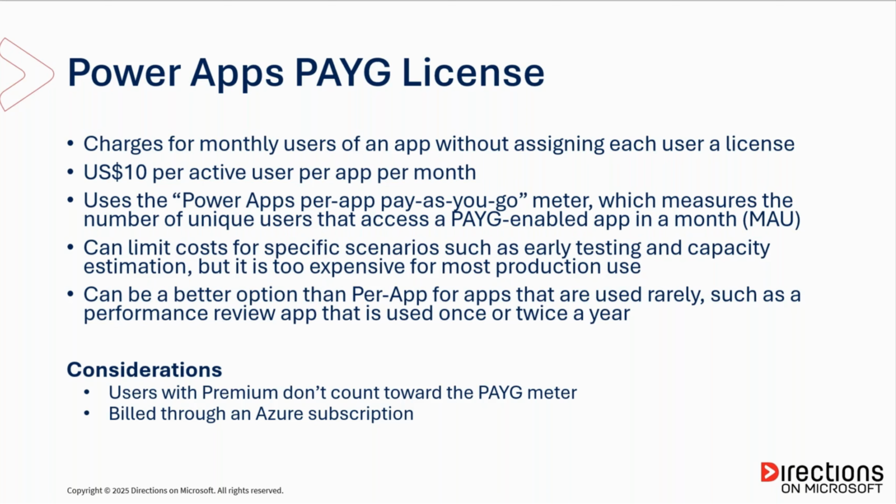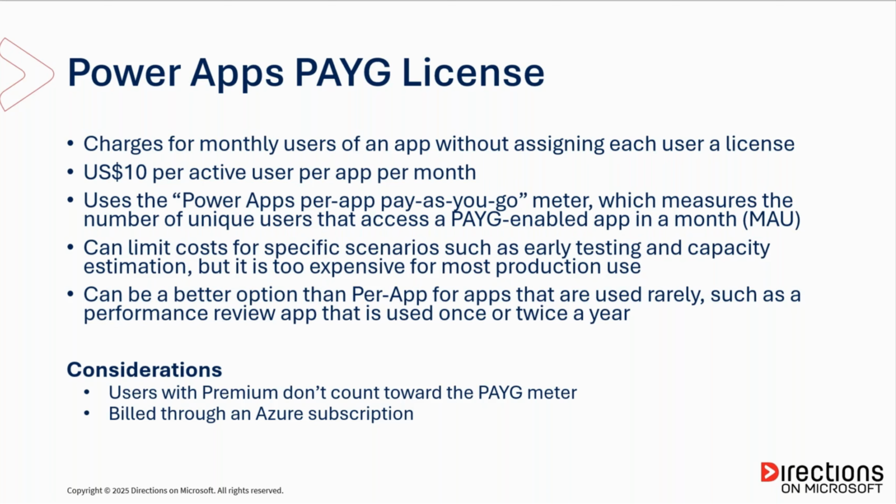So this PAYG licensing can reduce costs for specific scenarios, such as early testing and capacity estimation, but it's likely to cost more compared to other licensing options for most production use. PAYG licensing can be a better option than per app licensing for rarely used apps. So you might have an app that's used a small number of months each year, like a performance review app, maybe used twice a year, once a year even.